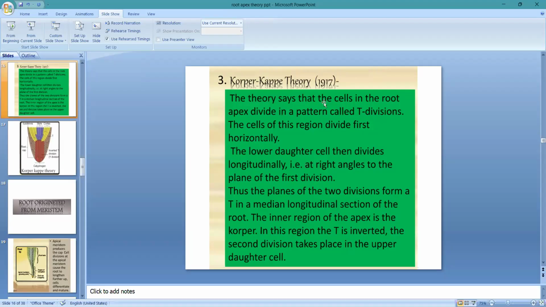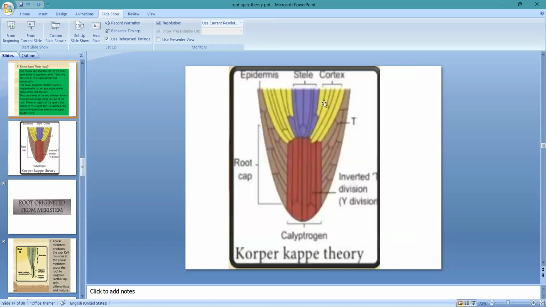This type of demarcation between T and inverted T is possible only in some grasses, for example maize. But in others, such a boundary is often obscure. This is the Korper-Kappe theory.